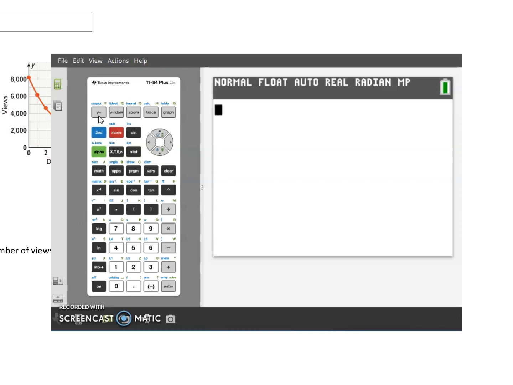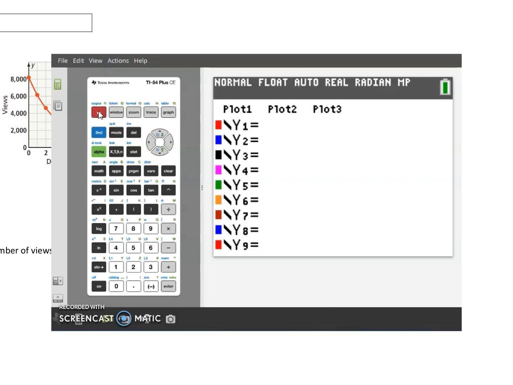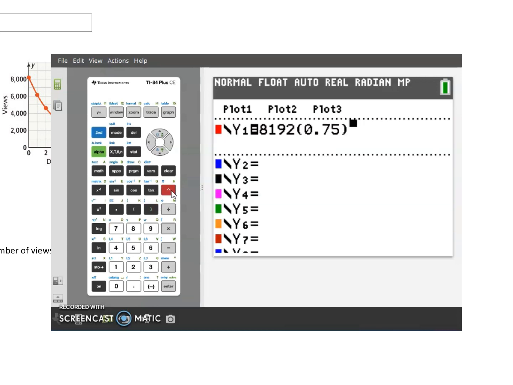Okay, so we are going to graph our two equations into the graphing calculator. So we go to our y equals, we type in our first function, the 8,192. I'm going to type it exactly as I wrote it, times 0.75. Here's my exponent button, raised to the power of x.